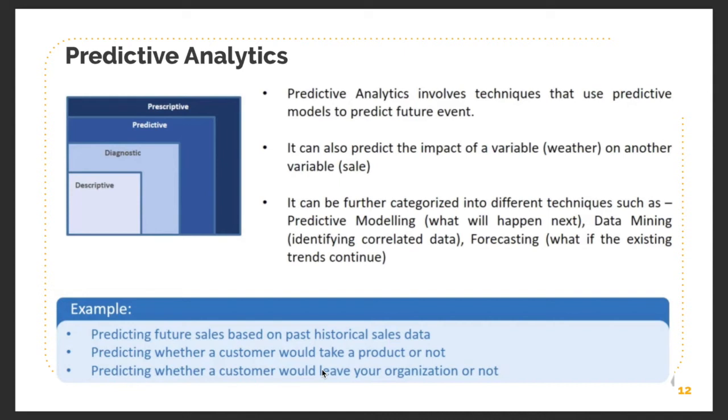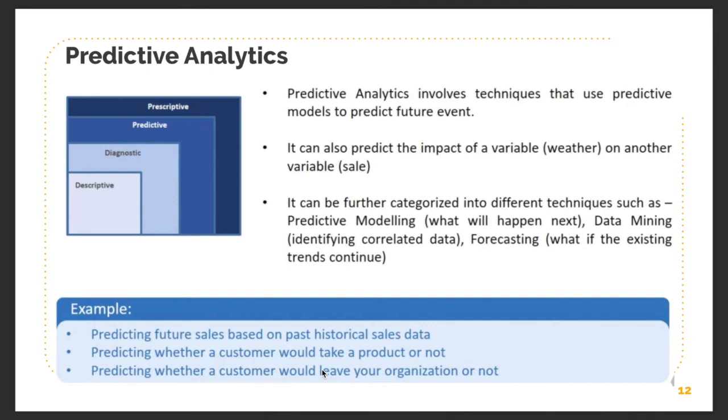It can also predict the impact of a variable, like the weather or another variable like a sale. If it's rainy season, what will happen to your sales? If you introduce another variable like a sale, will that increase your customers? If the customers increase, then what will happen?